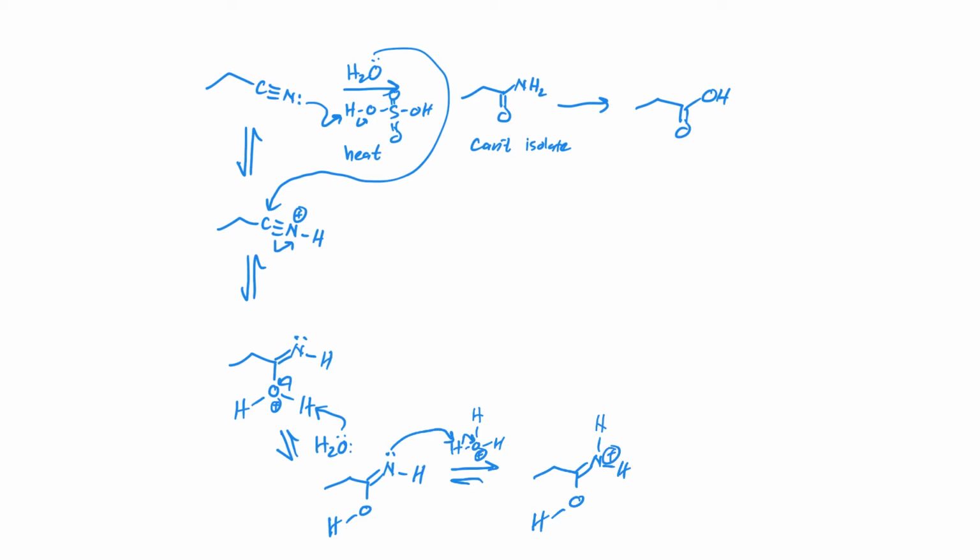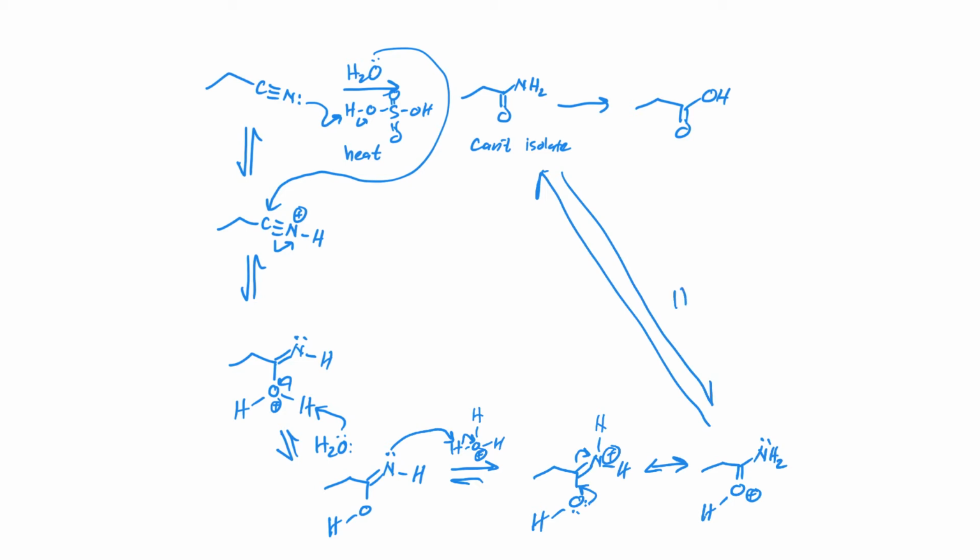This actually has some resonance, so I could draw a resonance structure. Now I've formed my CO double bond, I've formed the NH2, and if I can transfer one more proton, I have the amide.